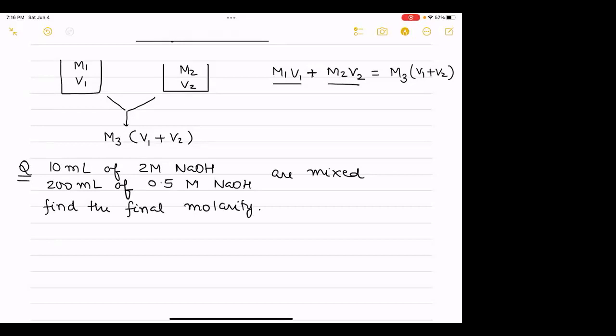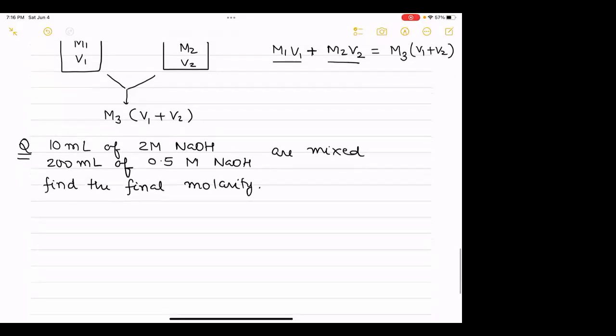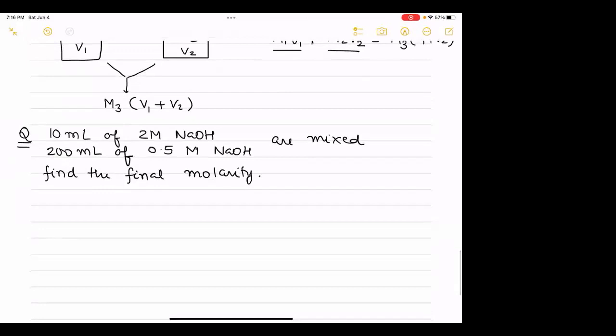I hope you understood the question. This was there in JEE. Is it 0.57 molar, or 5.7 molar, or 11.4 molar, or 1.14 molar?